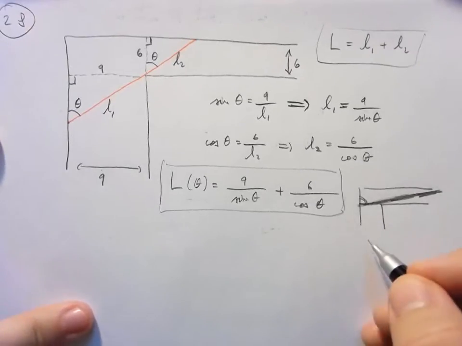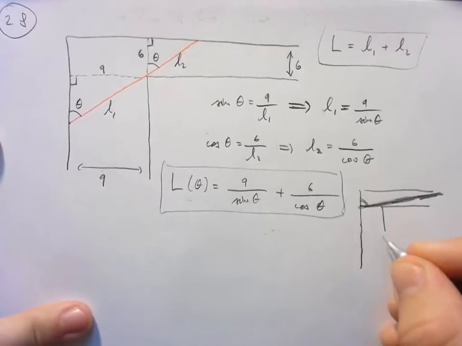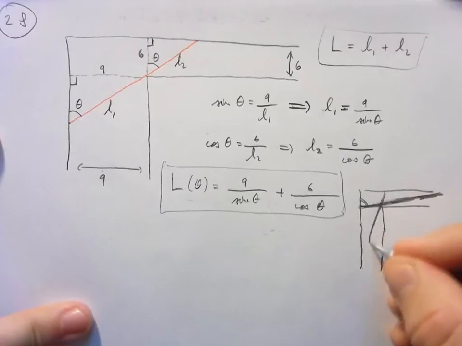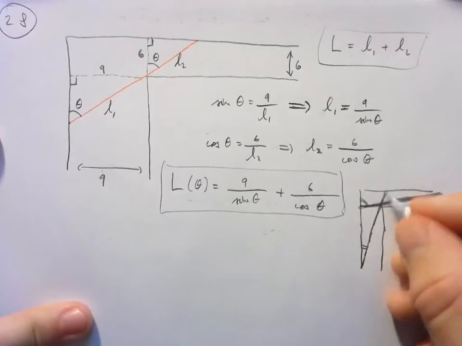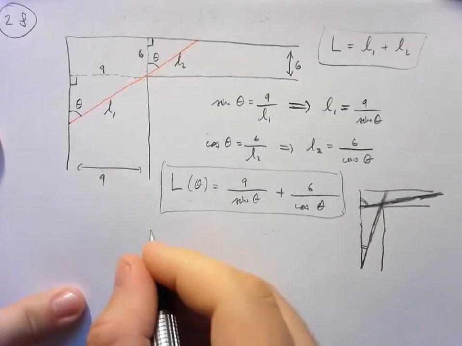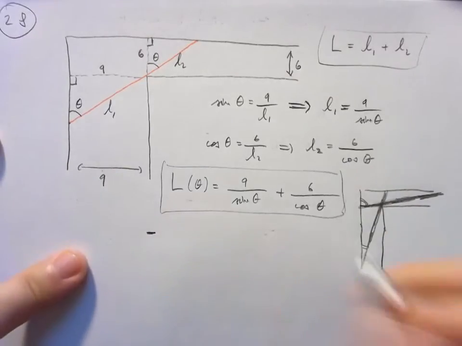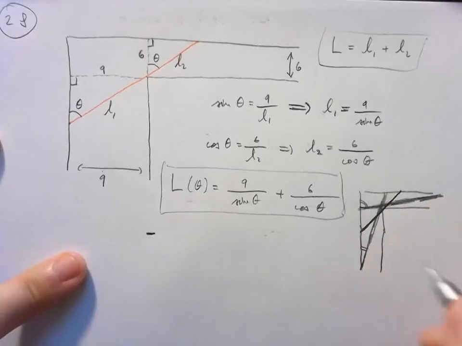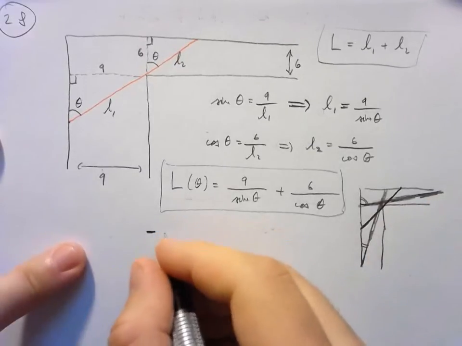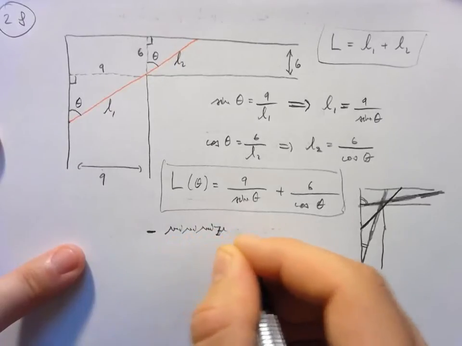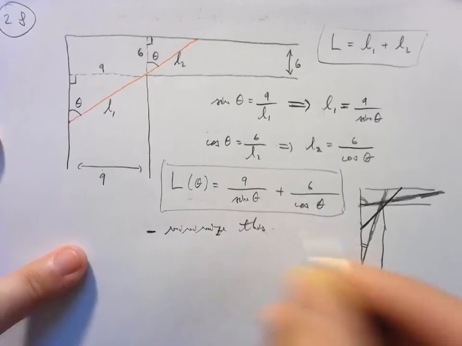The same is true when theta is very small: the pipe can be infinitely long, but it won't make it around the corner. So in fact, what I want to find is the smallest pipe, which is what this line will be. So I want to minimize this function.